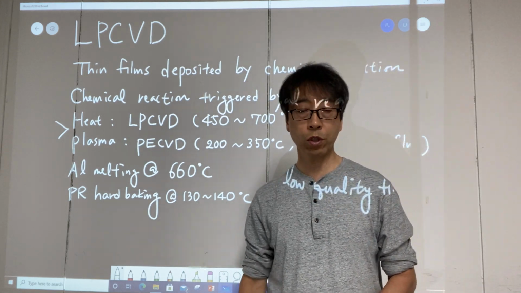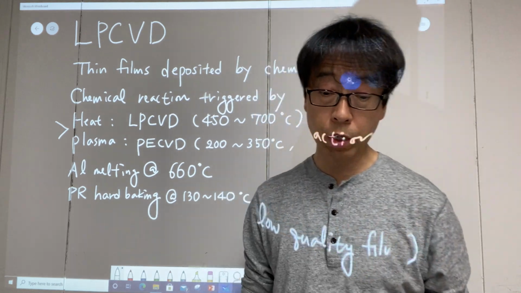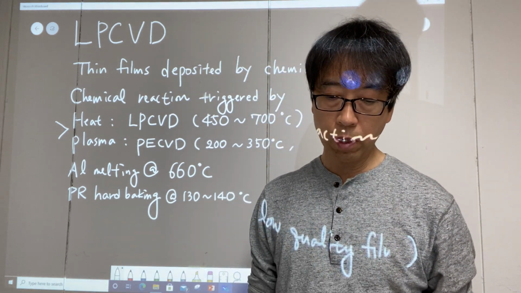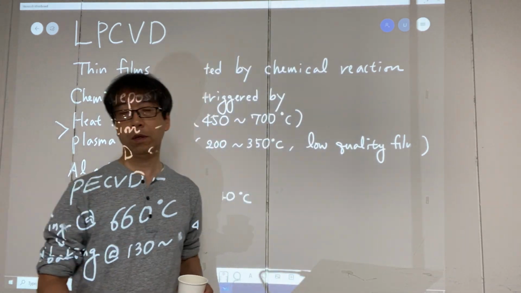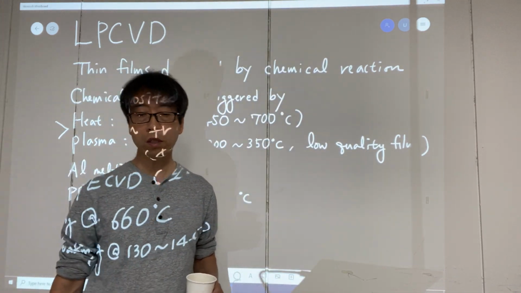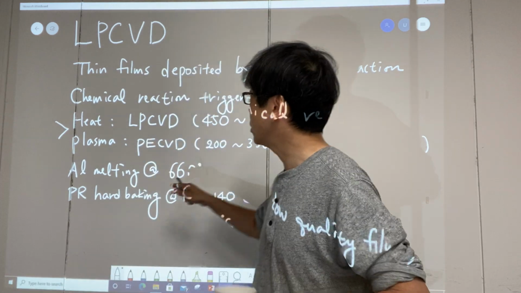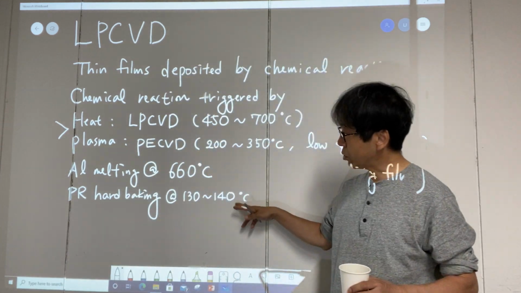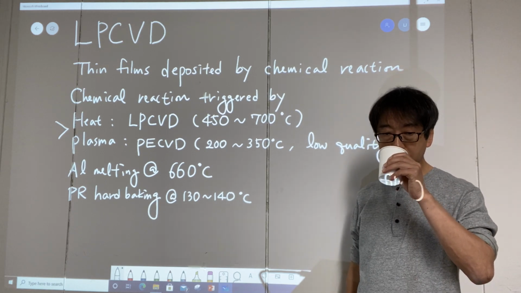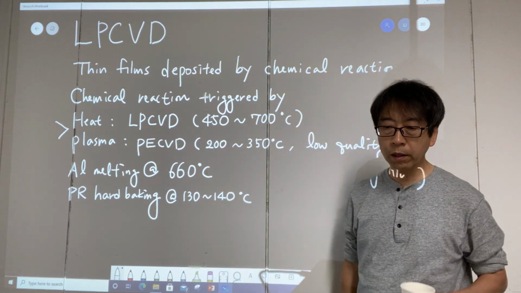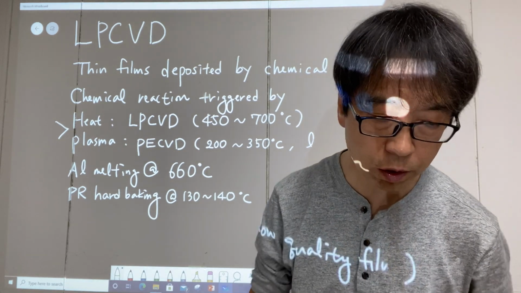Your clean room needs to be shut down sometimes, so you need to be very careful. So a photoresist coated wafer cannot even be put into a PECVD furnace. Look, the temperature is 200 degrees Celsius, substantially higher than the hard baking temperature of photoresist.